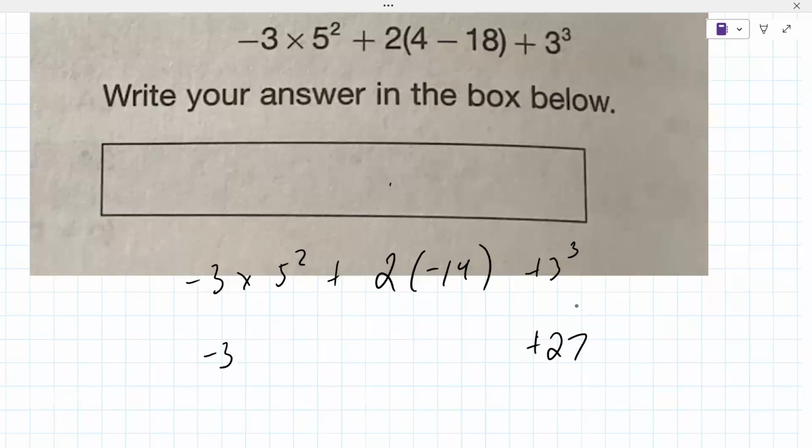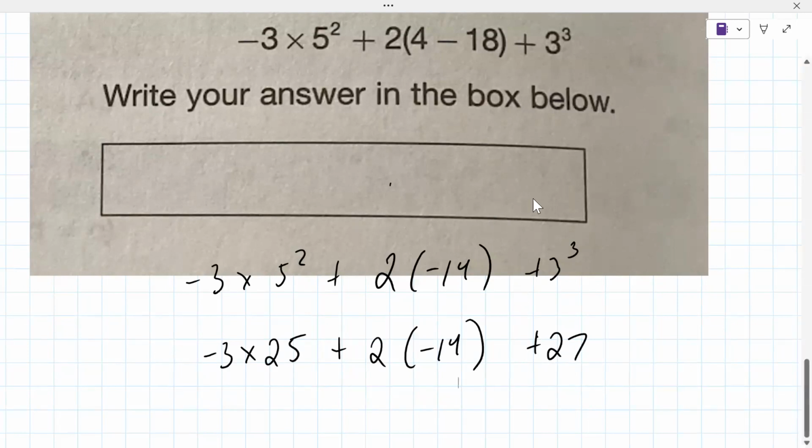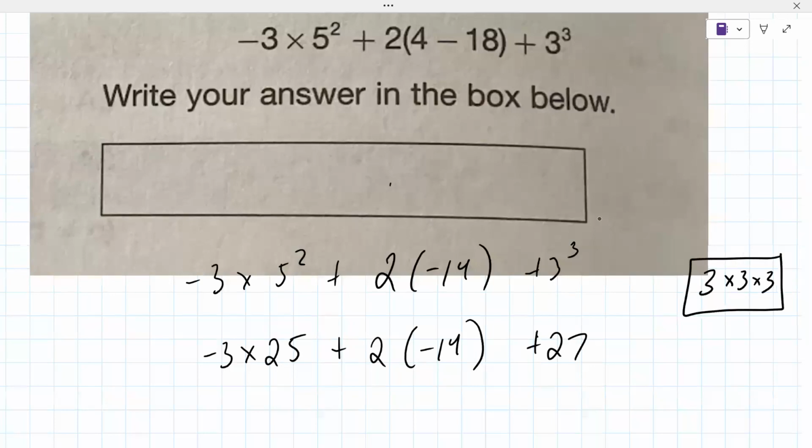I thought it was 9. It's 3 times 3 times 3. 3 times 3 is 9, but you've got to keep it going.